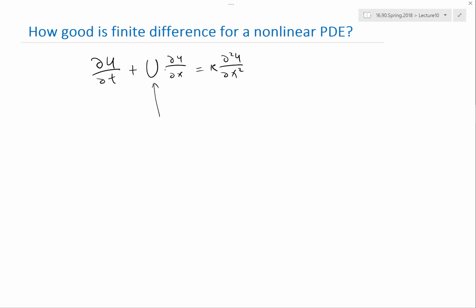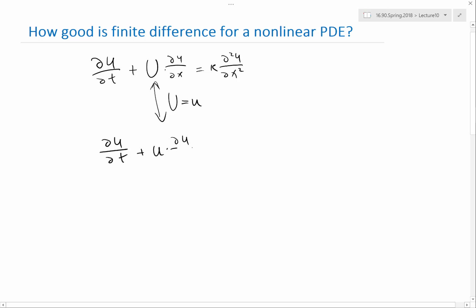So what if we make this wave speed equal to the flow solution u? Basically big U equals small u. What we get is small u times partial u partial x equals kappa times the second order derivative. This becomes a nonlinear equation, because if you have two solutions to a linear differential equation, the sum of these two solutions is still going to be a solution to this PDE.